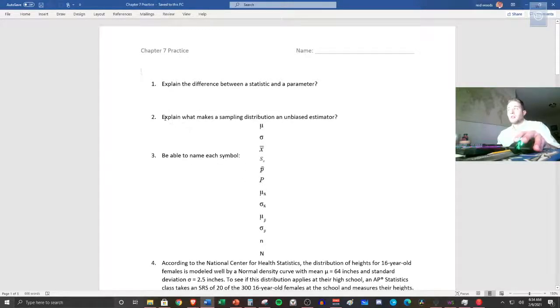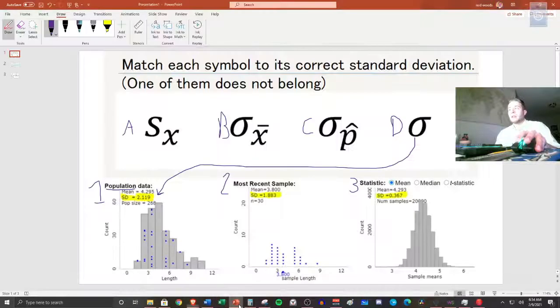On number 3, you have to define each symbol. So here is this second symbol. You would write population standard deviation next to that one, because that one is representing the entire population. This is all the words of the Gettysburg Address. Okay, so number 1 should have been D.